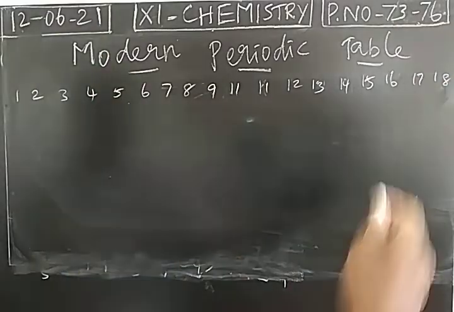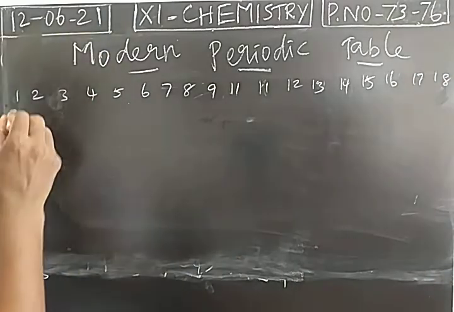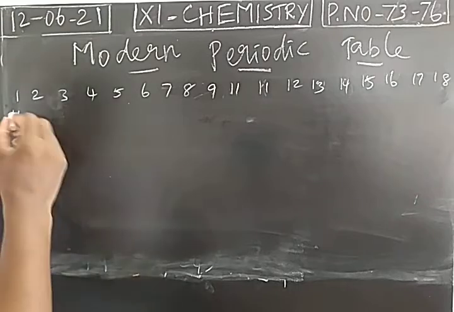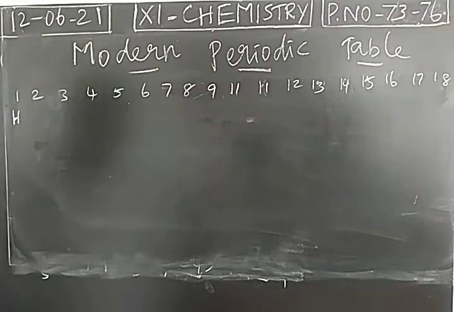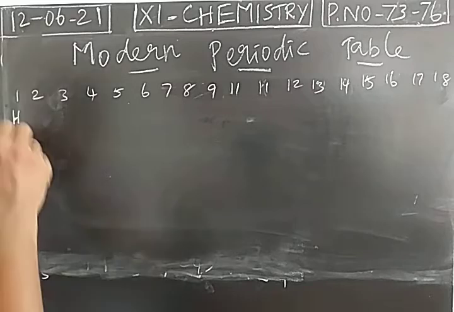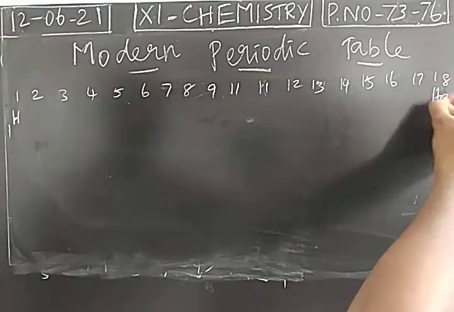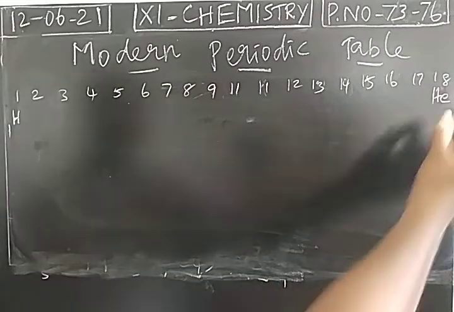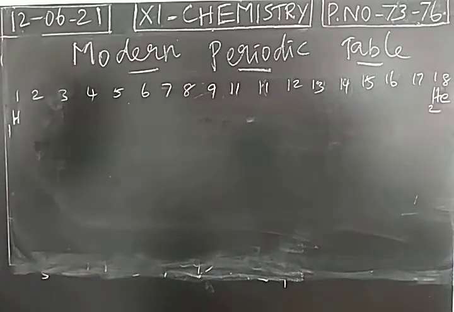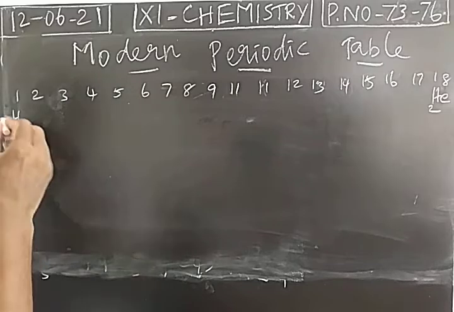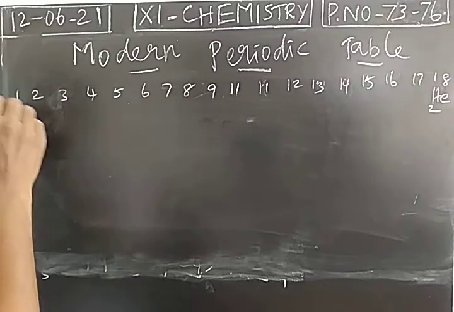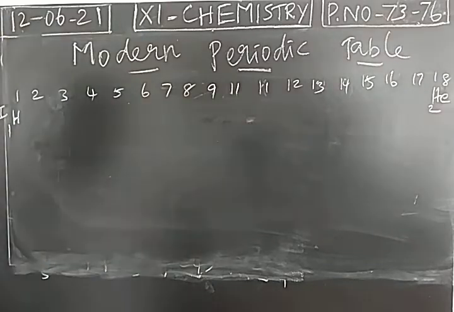Totally 18 groups. The first element, hydrogen, is placed in group number 1 with atomic number 1. The second element with atomic number 2 is helium. So these are the first period elements.